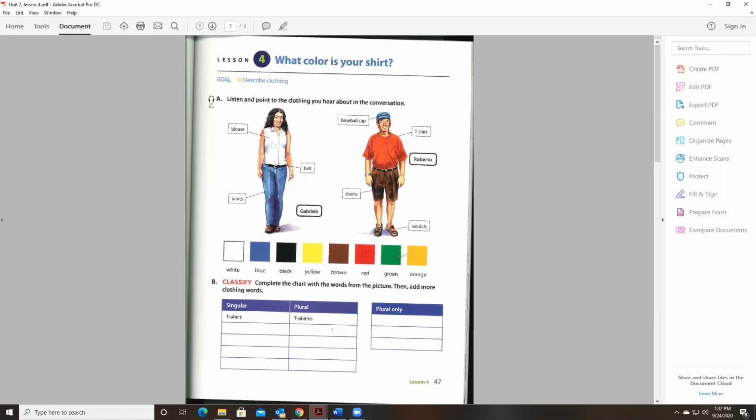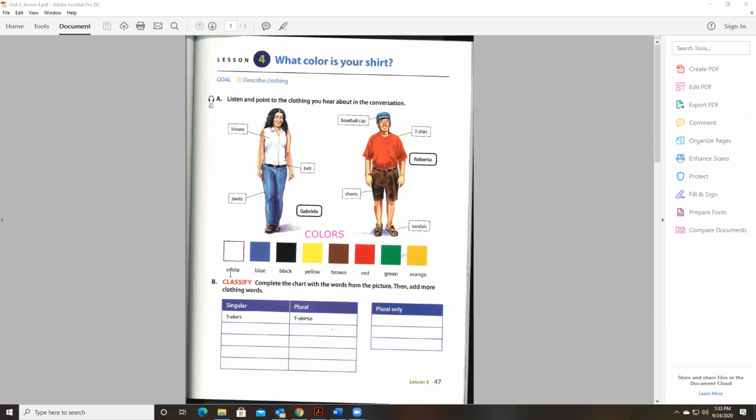All right, so first things first, about describing clothing, we're talking about our colors. Right? So here's our different colors. Here we have white. Okay, make sure to repeat.